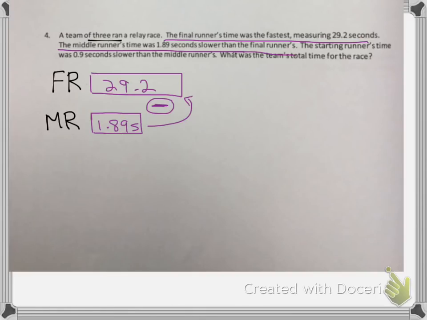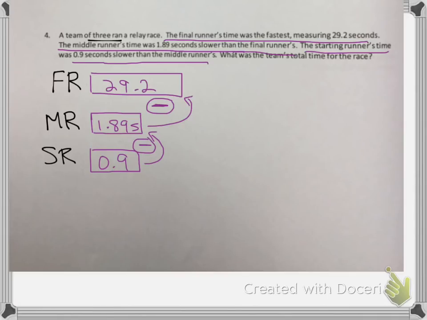And then the starting runner's time. So the starting runner's time was 0.9 seconds slower than the middle runner's time. So 0.9 seconds slower. So we're going to subtract that too to find the middle runner's time. So this is actually kind of a cool little problem.